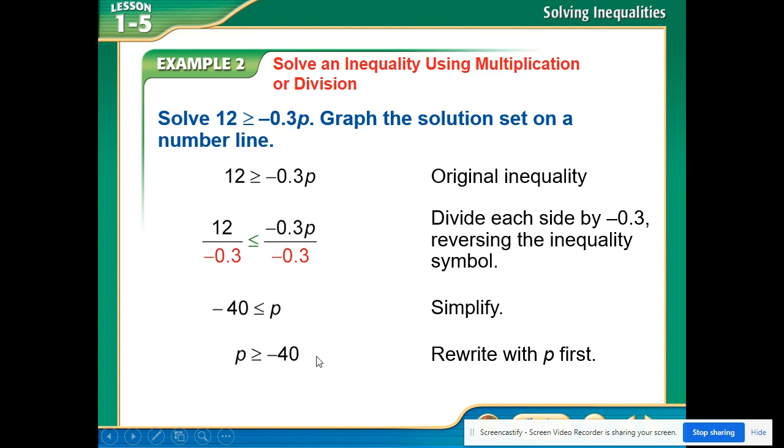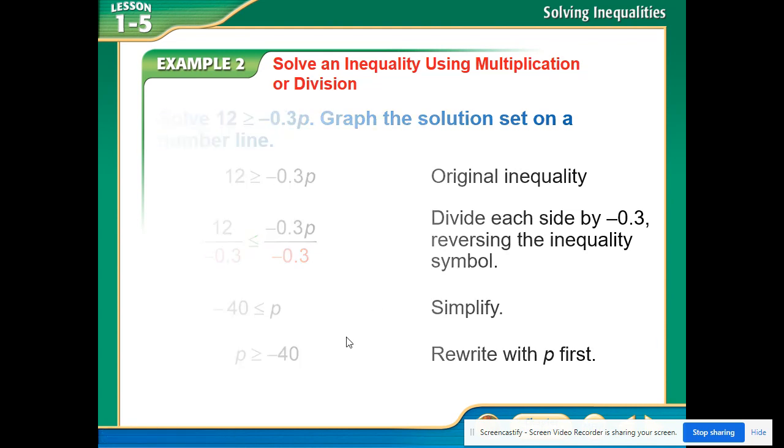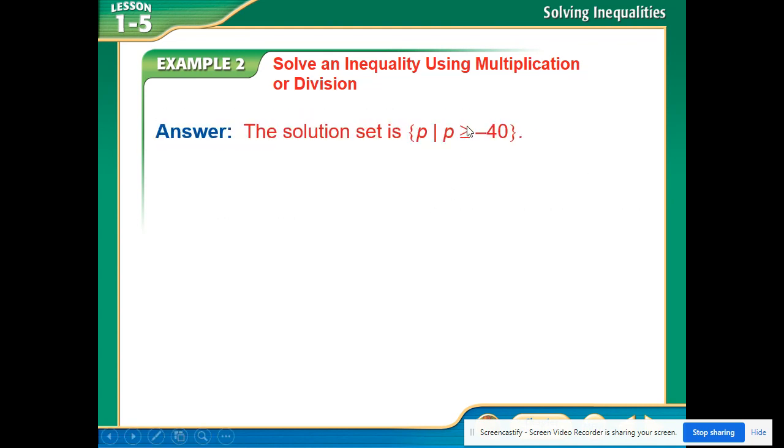All right. Now we're going to take that, and we do want to graph our solution on a number line. Inequalities are better on a number line. When you have an equation, it is an exact answer like negative 40. But to show that it's more than just negative 40, because it's greater than negative 40, that's what an inequality is, we put it on a number line. That way it accounts for all the points that we're dealing with. So here we go with a number line. Now, greater than or equal to, remember, because of the equal to sign underneath, it is a closed-in dot on negative 40.